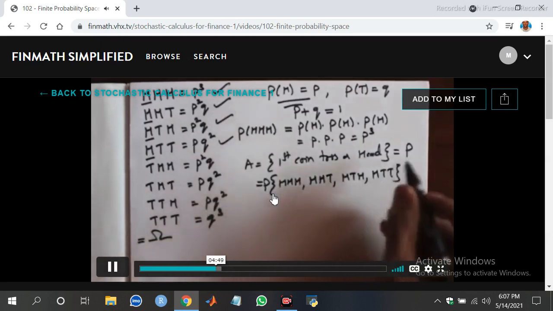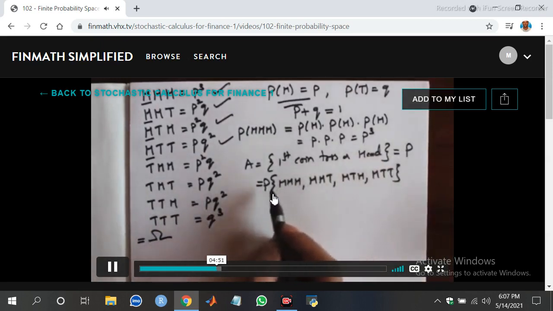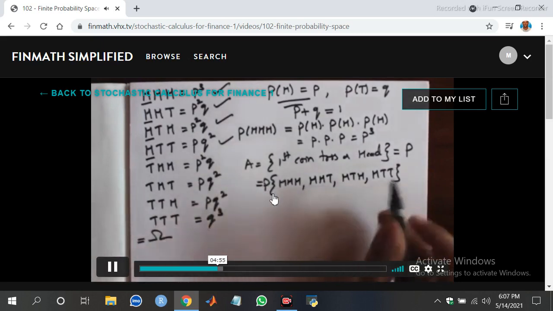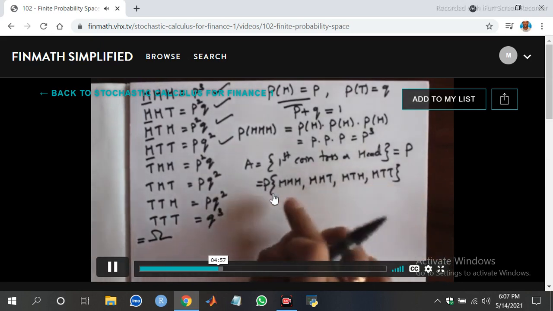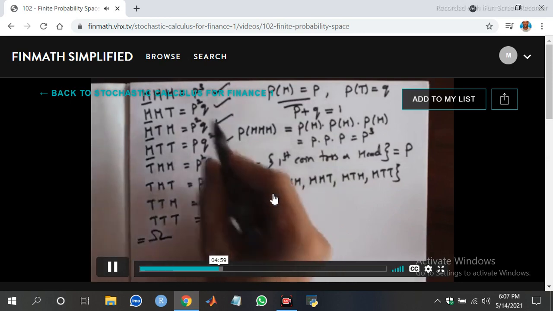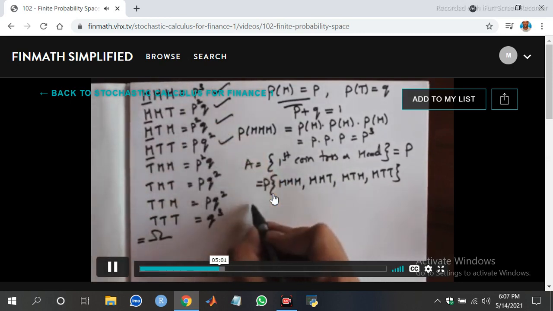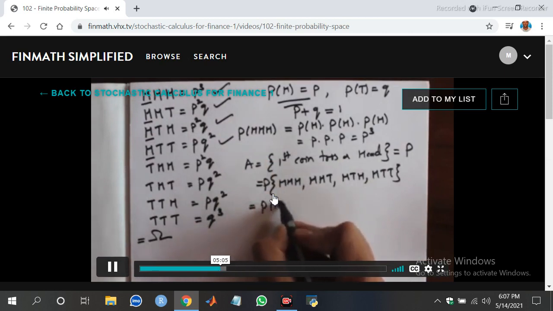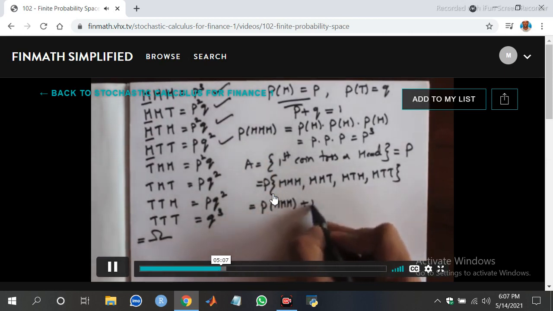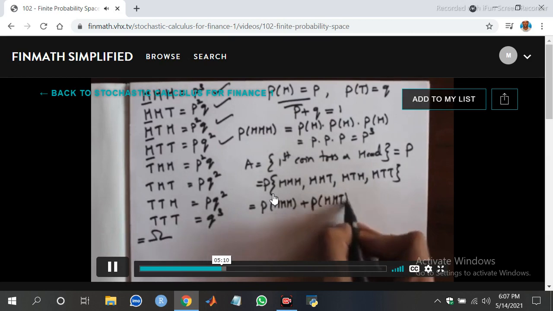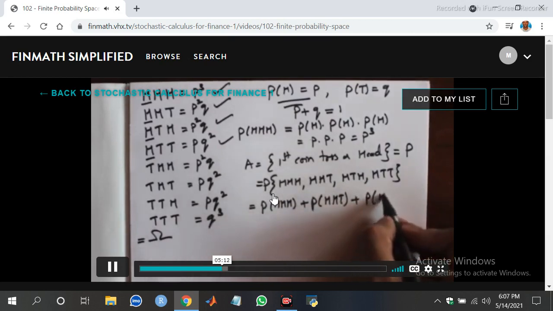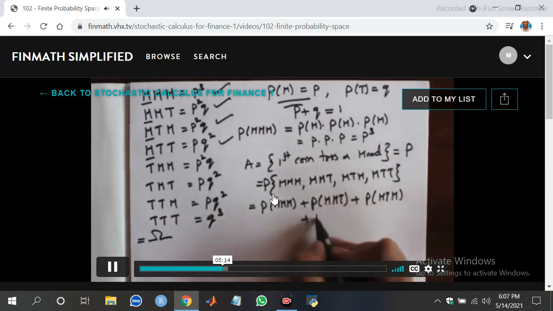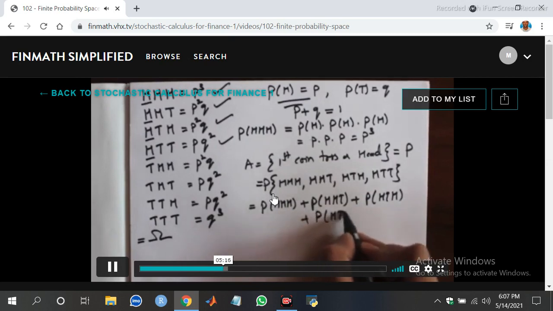Let's check mathematically if our intuition agrees with our model. We've listed all the possible outcomes that result in a head, and we already have probabilities listed for these. So this would simplify to the probability of head head head, plus the probability of head head tail, plus the probability of head tail head, plus the probability of head tail tail.